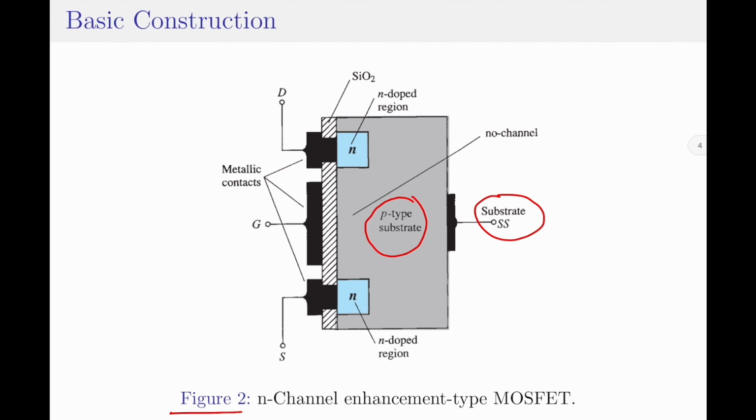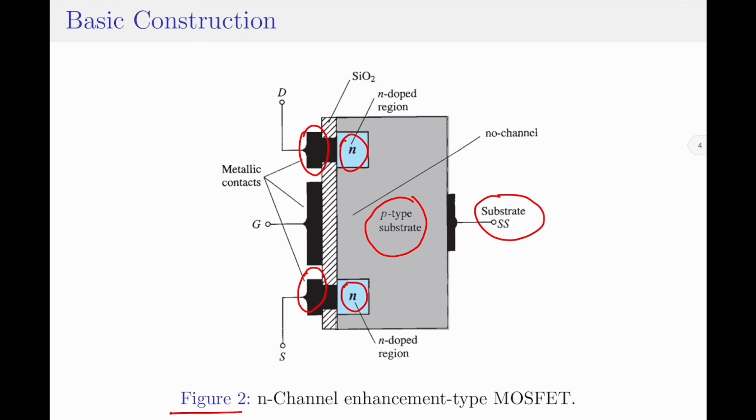Further, two N-type doped semiconductor regions are etched within the slab of the substrate and they form the drain and source regions. These N-type doped regions are connected through metallic contacts to the source and drain terminals. Please note there is an absence of channel between the two N-type doped regions.